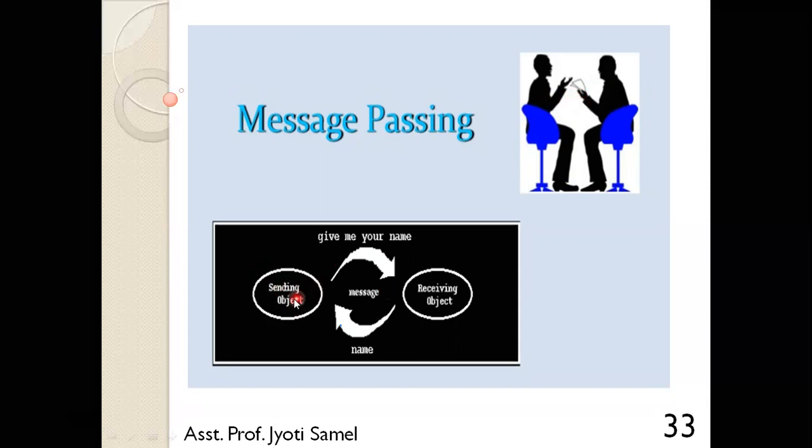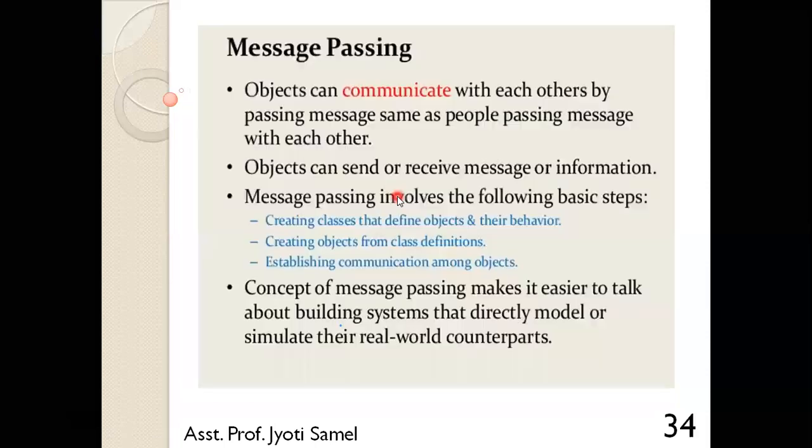Here the sending object is sending a message to the receiving object, and the receiving object is also sending some message to the sending object. So what the sending object is asking, give your name, and the receiving object is giving the name. So we can say that he passed the message and we also send the response.